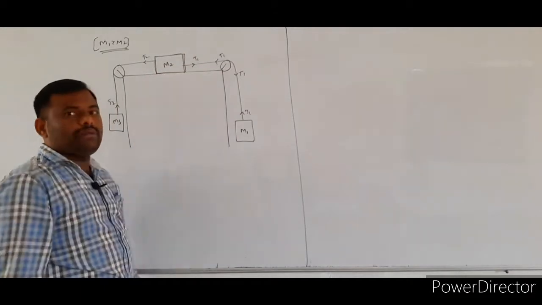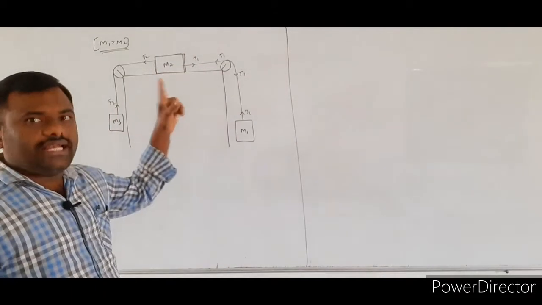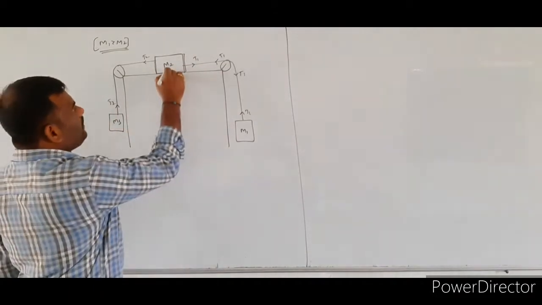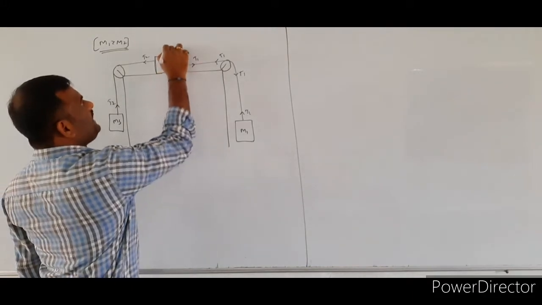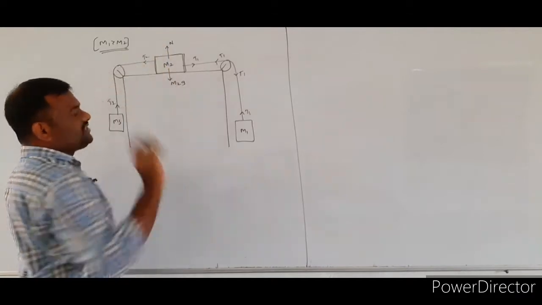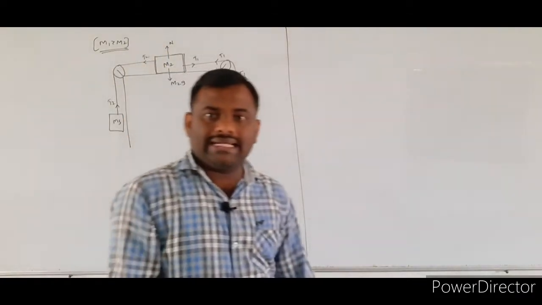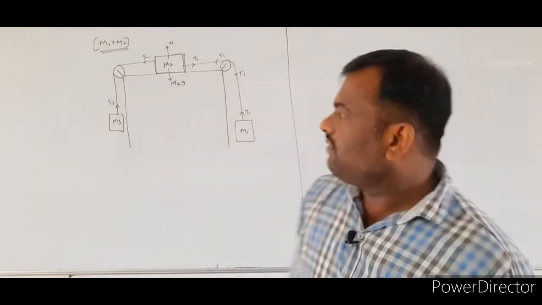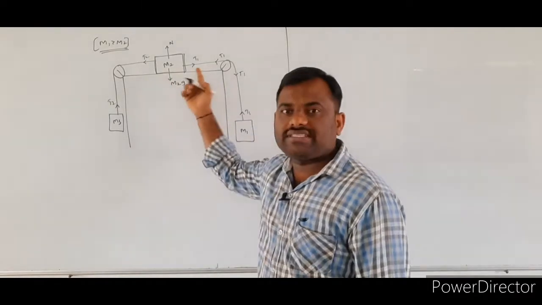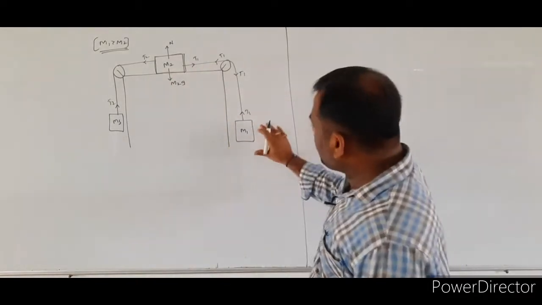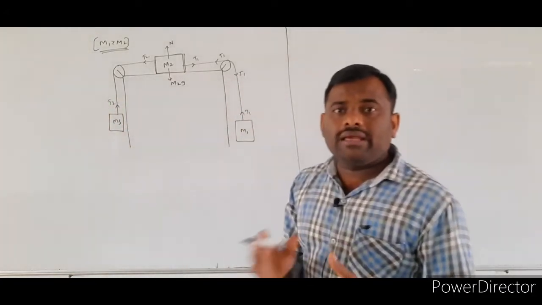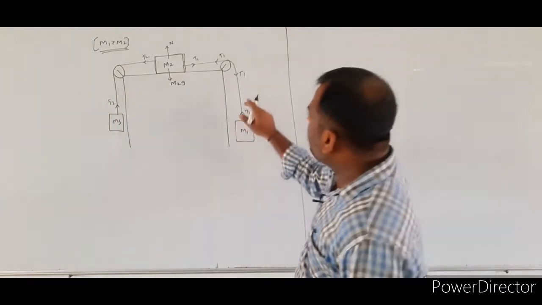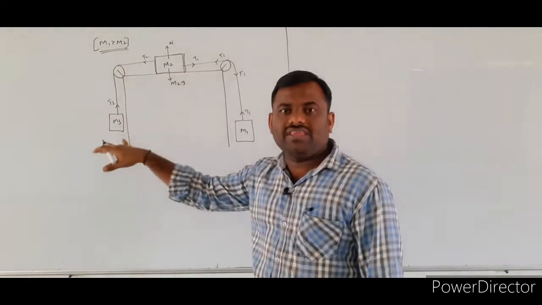Its weight is balanced by the normal reaction exerted by the surface of the table. And m1 and m3 are suspended freely with the help of the string.